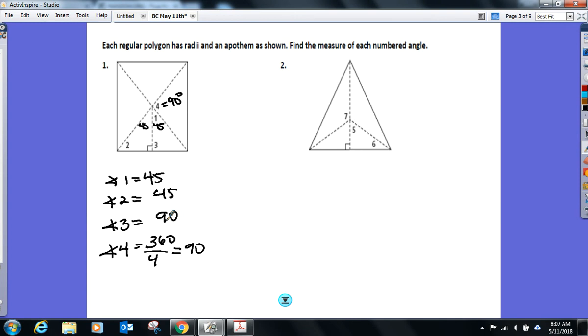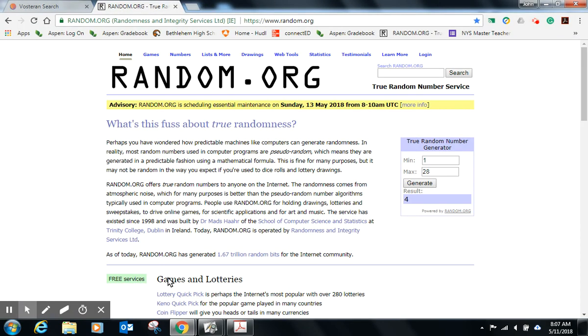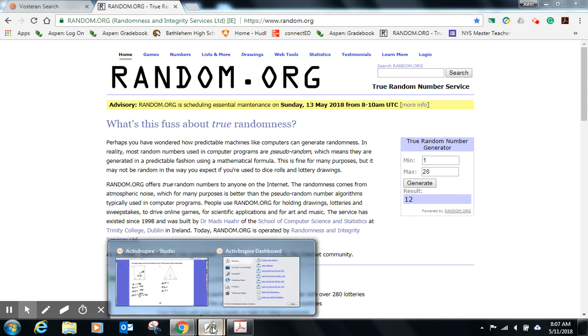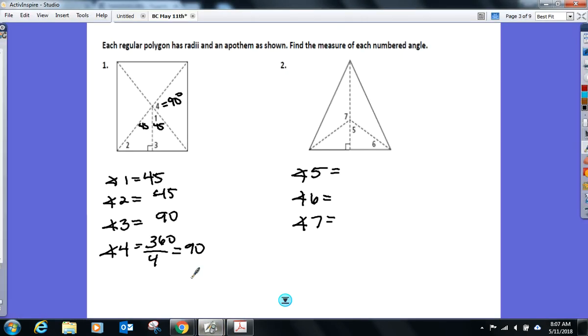All right. Go to 2 then. How about that one? 5, 6, 7. Now it's a regular triangle, an equilateral triangle. So 5, 6, 7. Start us off with angle 7.